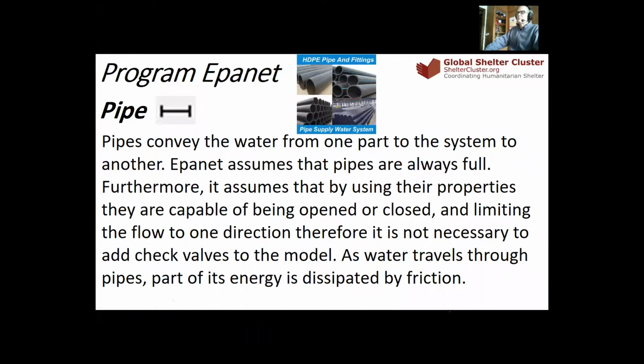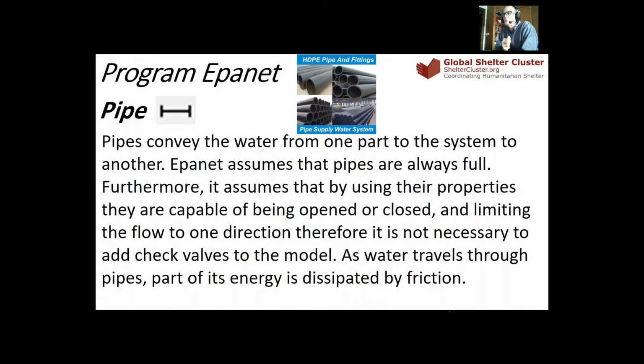Then we have the pipes. Pipes are actually put between 2 junctions. Pipes don't have an elevation because the elevation is given by the junctions. But pipes have the length, yes, and the internal diameter. Even here, you have to be careful because the internal diameter of the pipes changes also in relation to the supported pressure.